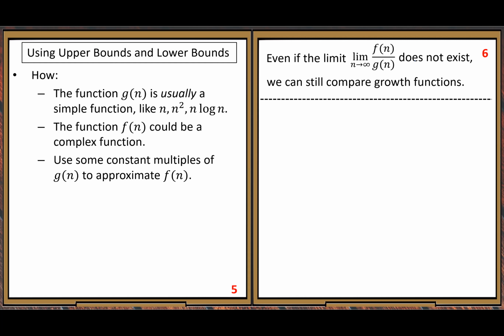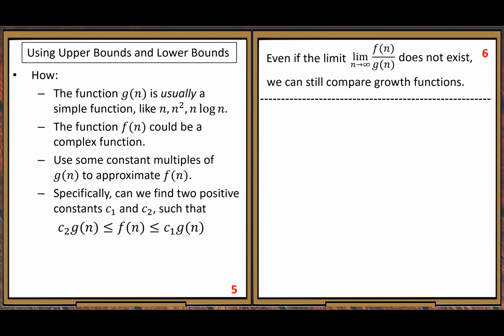Specifically, can we find two positive constants, C1 and C2, such that C2 times g of n is less than or equal to f of n, which is less than or equal to C1 times g of n, under a condition?